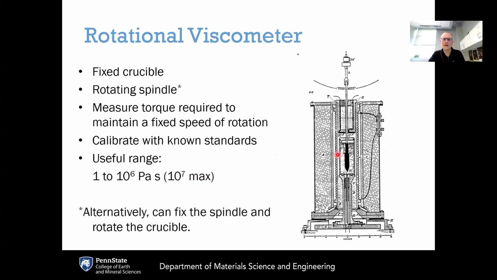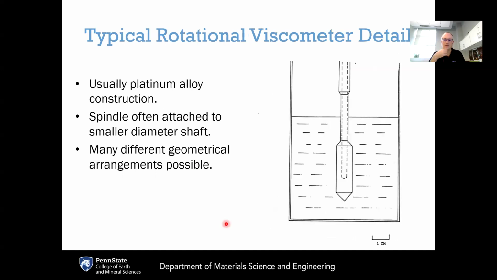The normal design of this equipment is to have a fixed crucible and then rotate the spindle on the inside. There are alternative designs, including one where the spindle is fixed and the crucible is rotated, but it's fundamentally the same type of measurement. If we zoom in on the spindle, it typically has a shape like this.